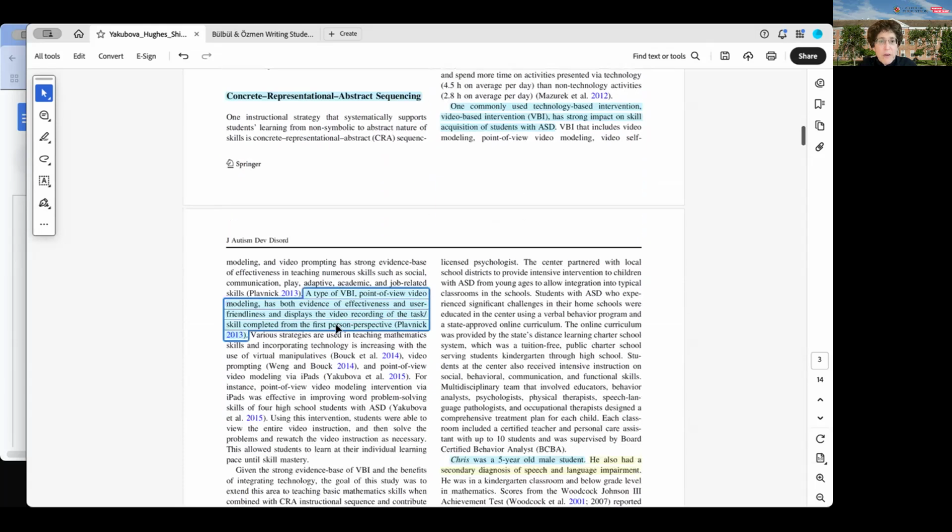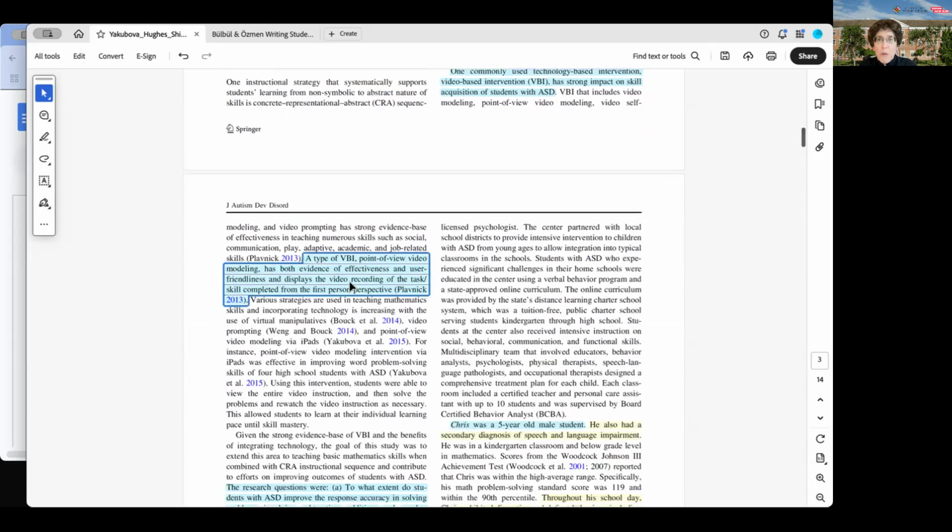Then they go into a type of video-based intervention, which they call video-based intervention. I think at this point, it's more recent that nowadays we just say video modeling, okay? But technically they refer to it as video-based intervention. The nomenclature was older at the time.